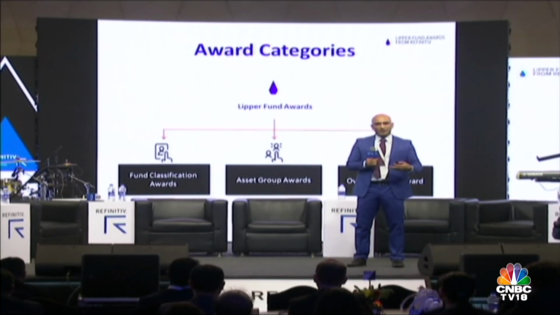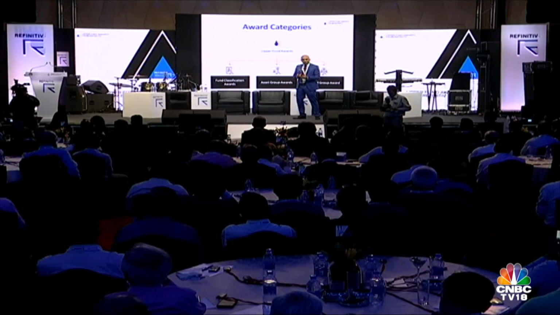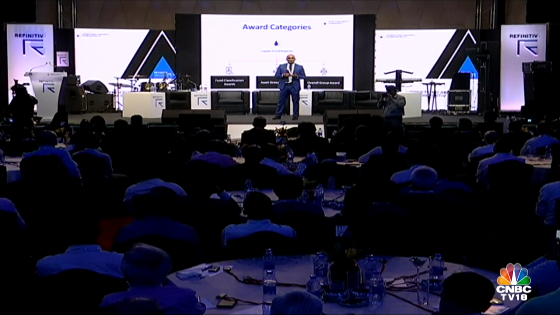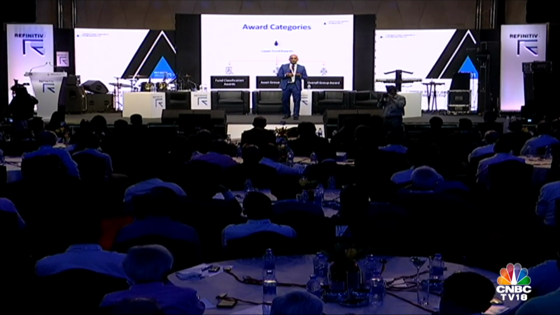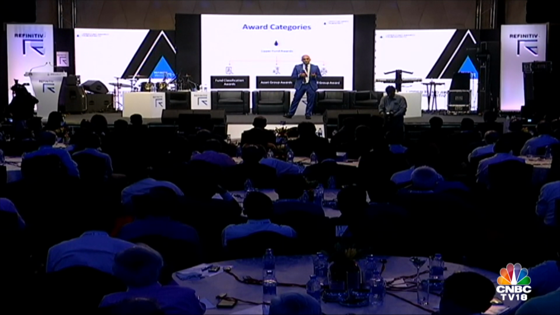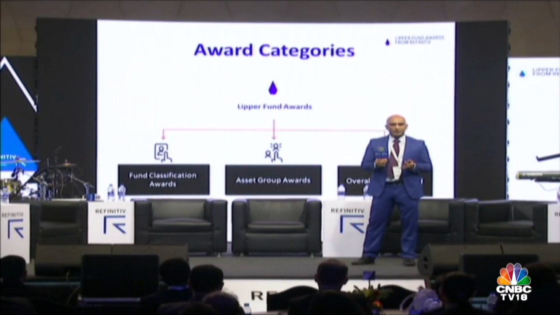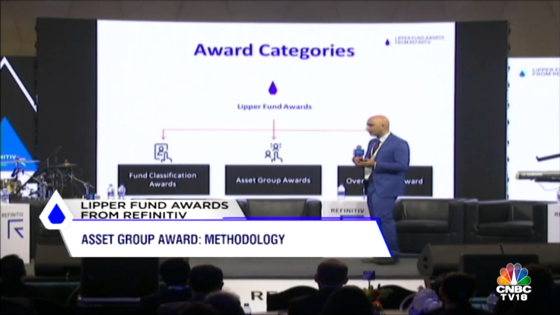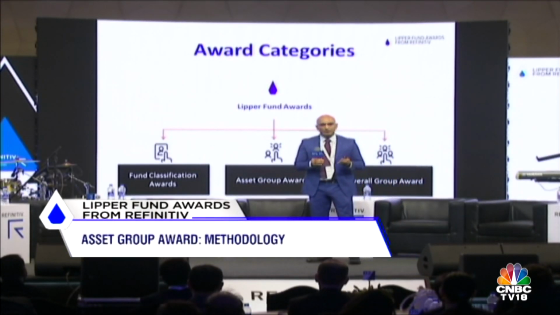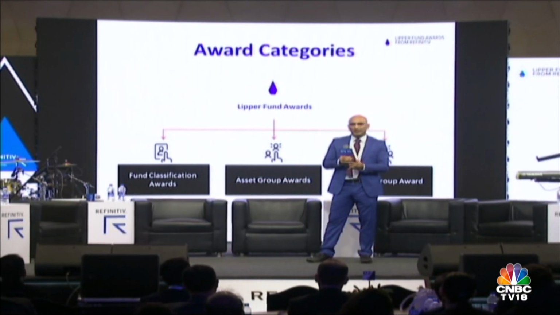The local terminology that we have for classification is generally category, so this is a category level award. Here we are giving out awards to 8 categories. The second we have is asset group awards. In this we have 3 main categories: equity, bond, and mixed asset. And the last one is the overall group award.